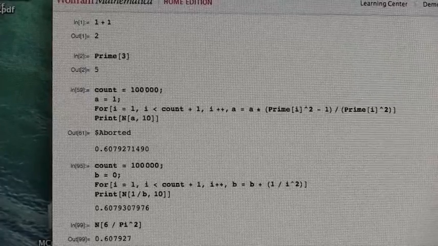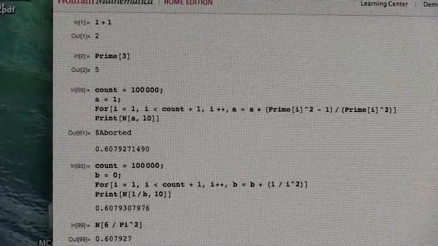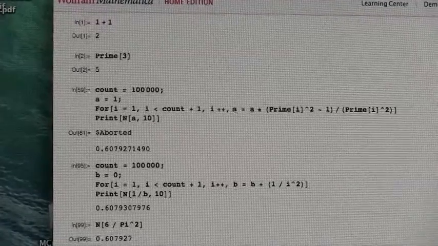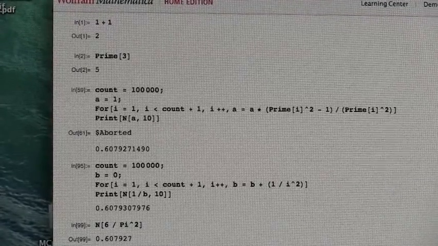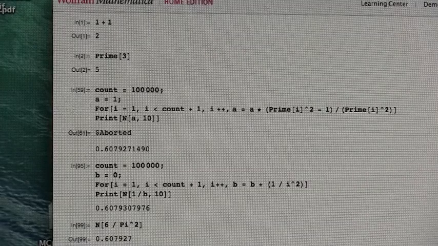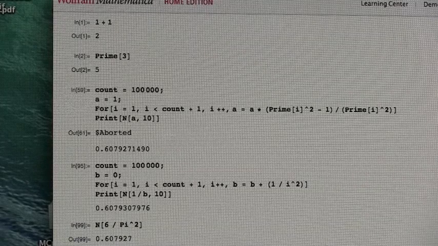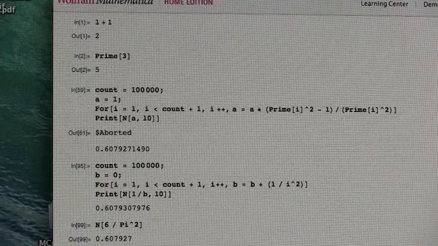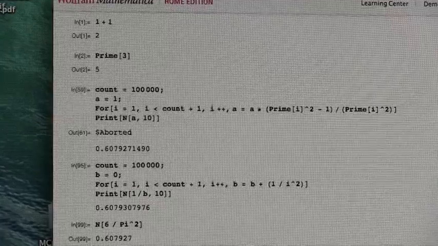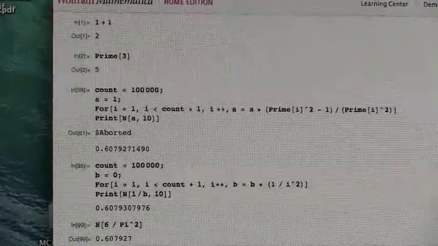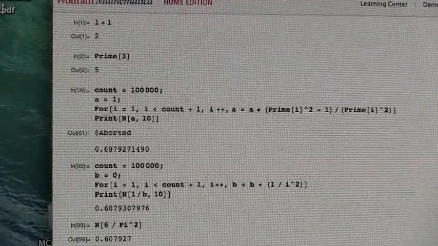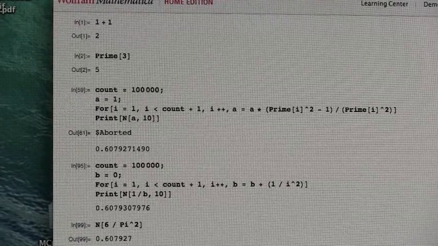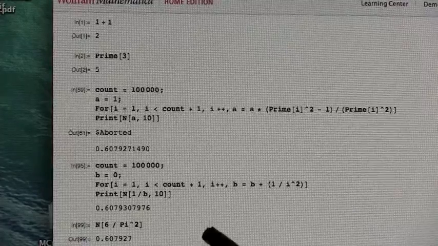Pi squared is a little bigger than 9, so it should be bigger than 3/2. Okay. So this is 6 over pi squared, so this is its reciprocal. I said we'd see pi squared over 6. We did see pi squared over 6, but we just actually saw its reciprocal.